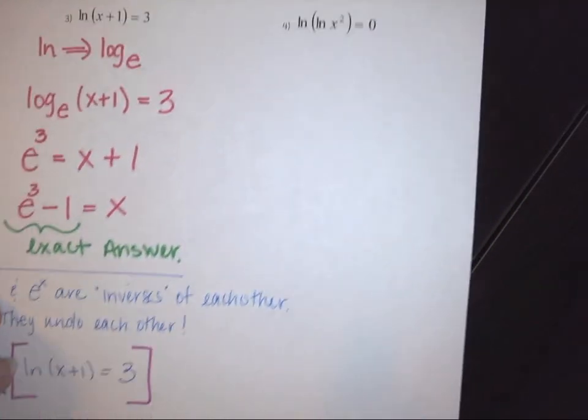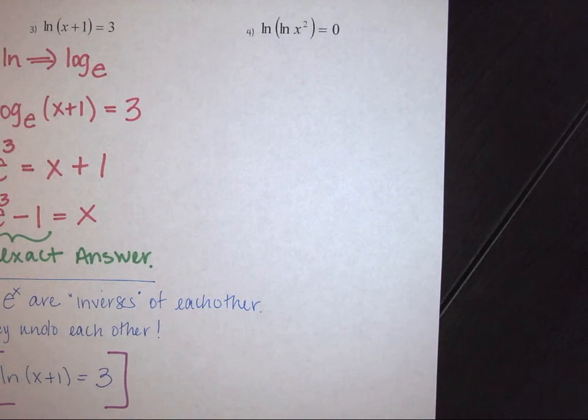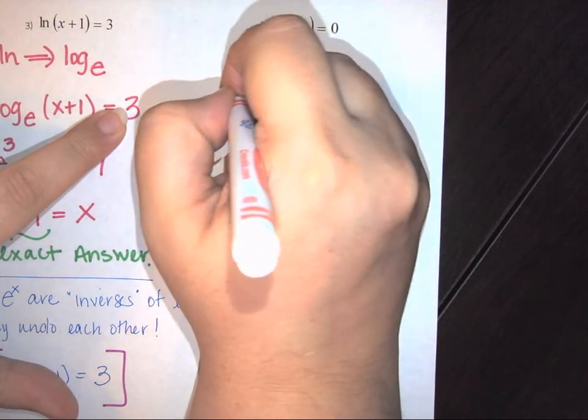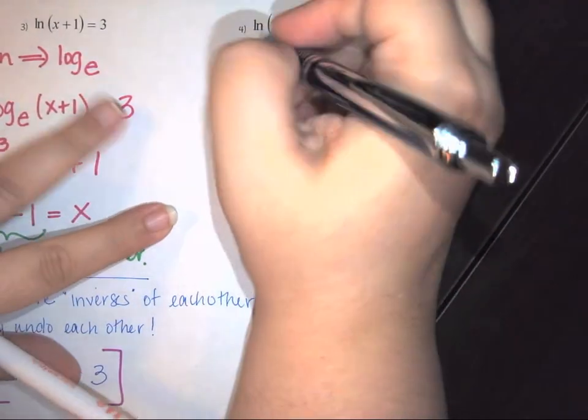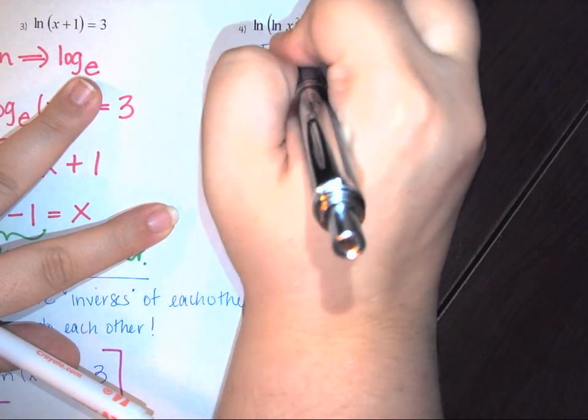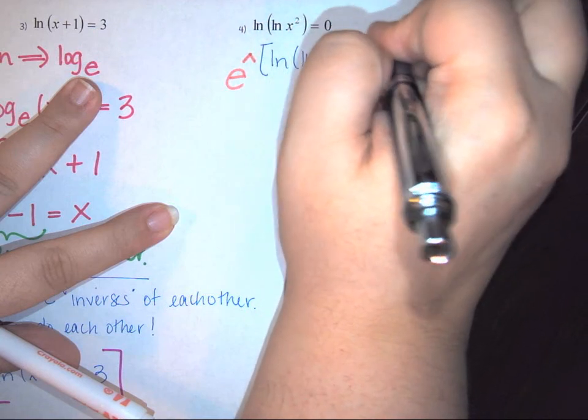Now the last example I wanted to work through is this one, where you can see I'm taking the natural log of the natural log. So the first thing I have to do is apply that idea of raising my equation to the power of e. My equation here was the natural log of the natural log of x squared equals 0.